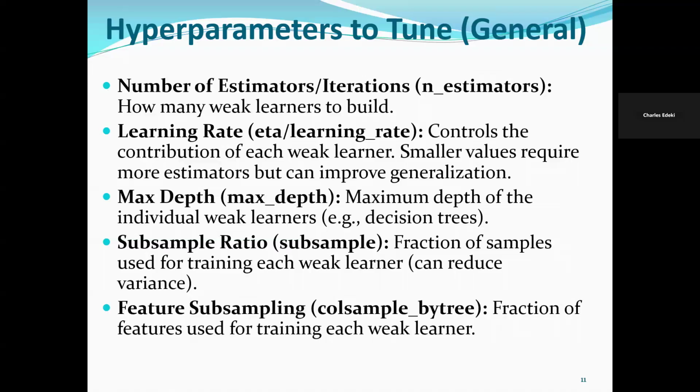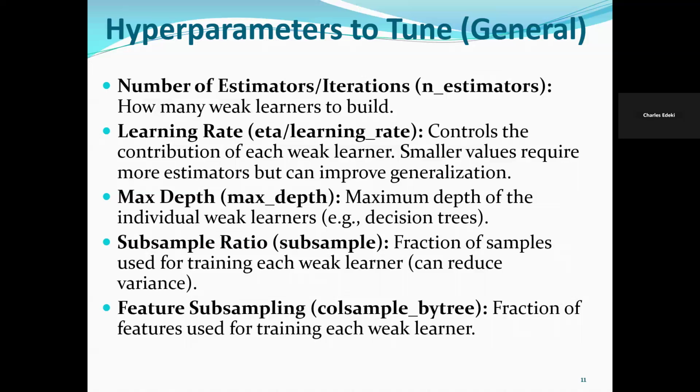Some examples are given under the hyperparameters. The number of estimators, or iterations, is very important, compared to the number of epochs and weight initialization in a neural network. The learning rate is also very important, because it controls the contribution of each weak learner, same as the neural network concept.